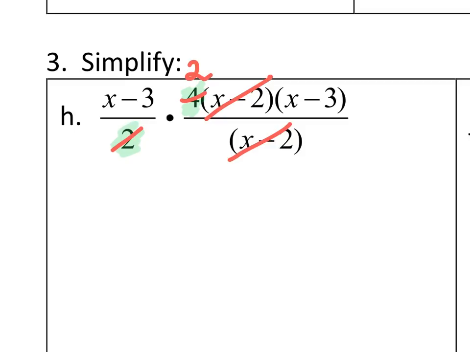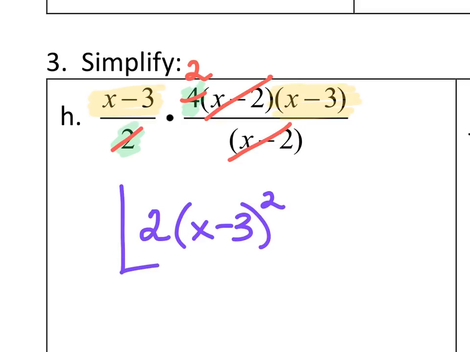The other thing that I want you to notice is that you have an x minus 3 here in the numerator and an x minus 3 here in a numerator, and you cannot cancel a numerator with a numerator. And so we're going to keep that 2, and then we're going to multiply x minus 3 times x minus 3, but we're going to call that x minus 3 squared. And so after you're all done with your canceling, you've got 2 times the quantity x minus 3 squared.